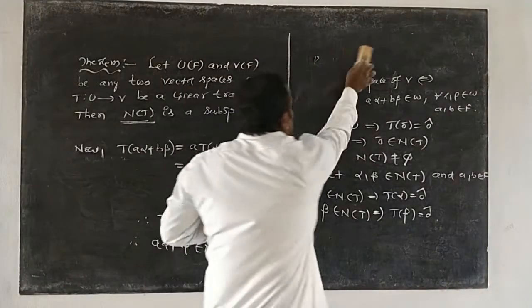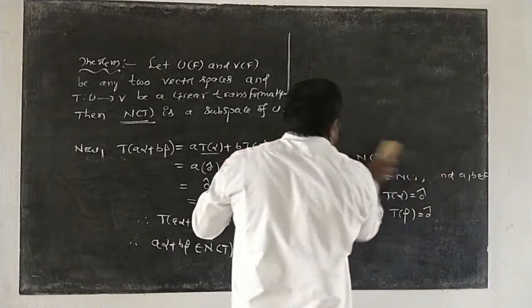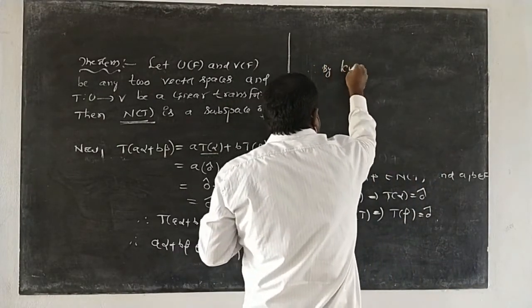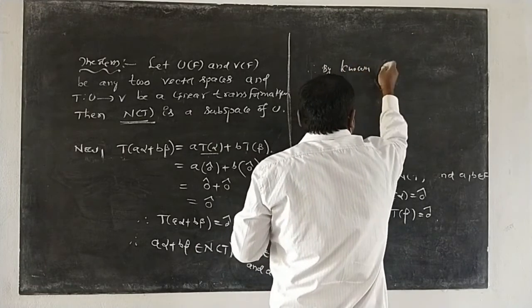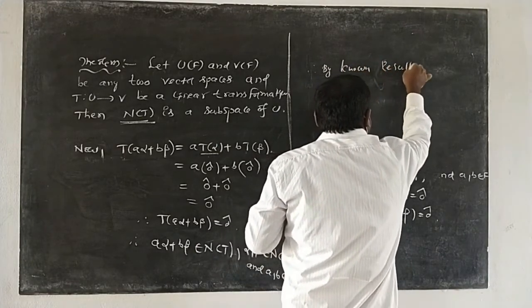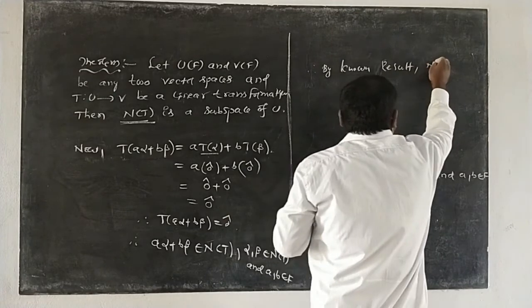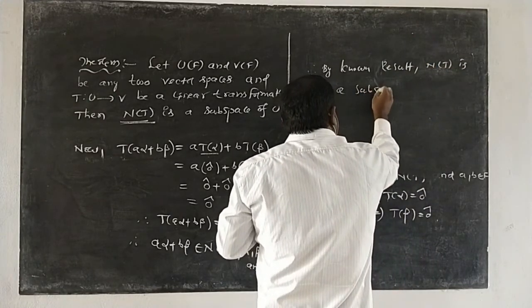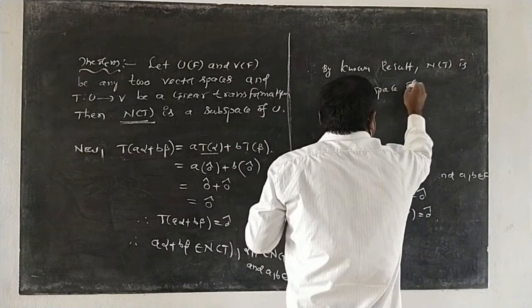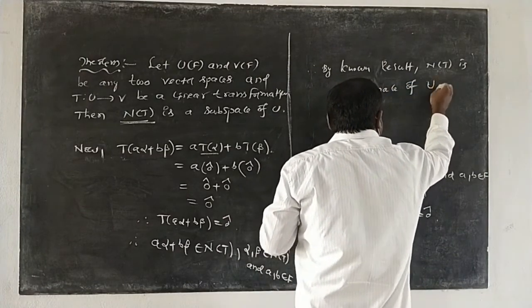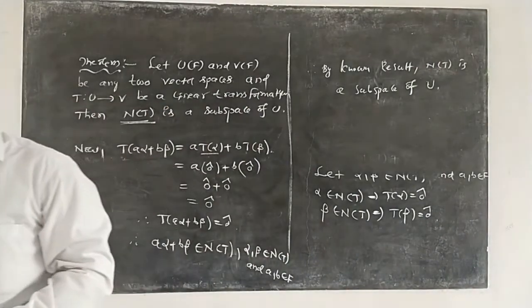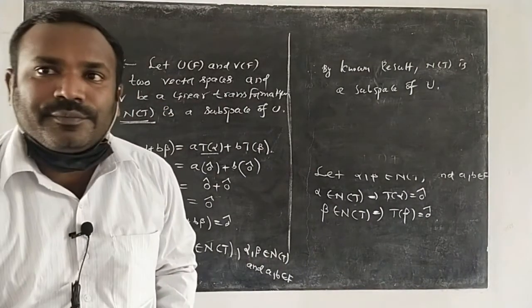Write the last point: by known result or theorem, N of t is a subspace of U, because N of t is a subset of U. So this is the end of the theorem.